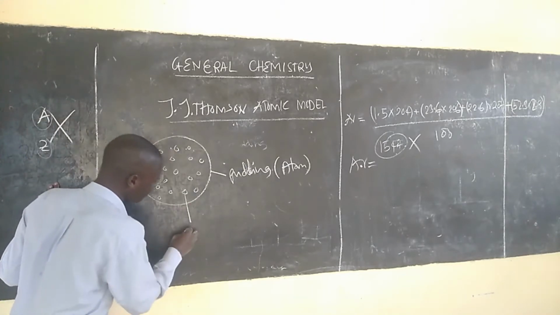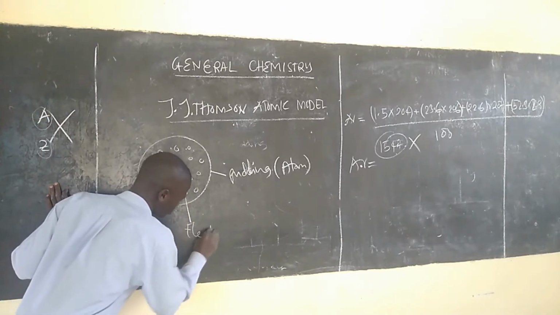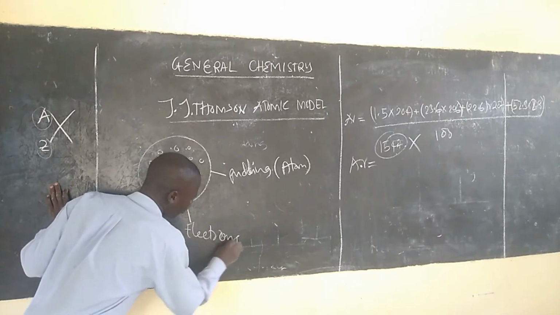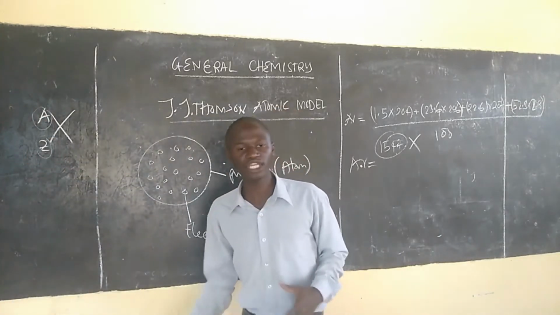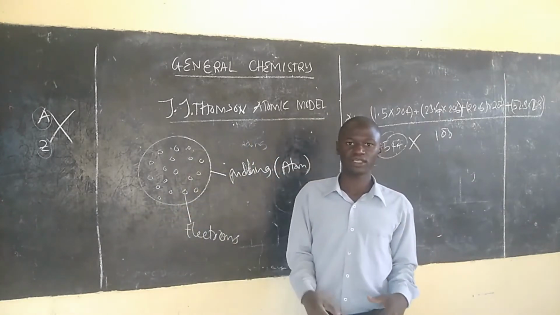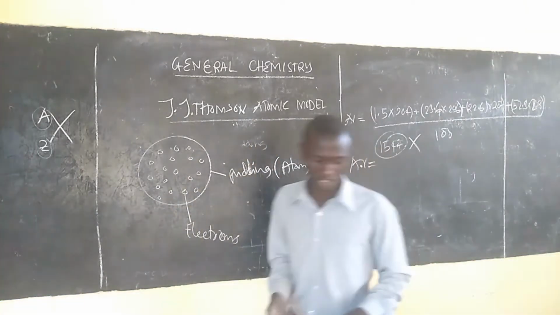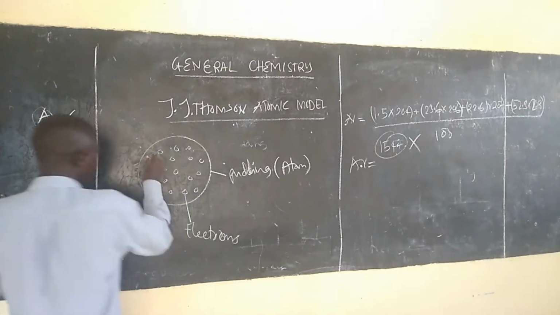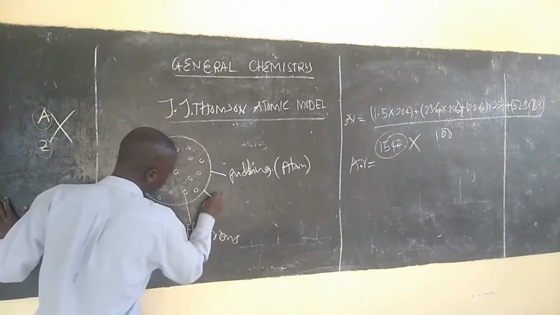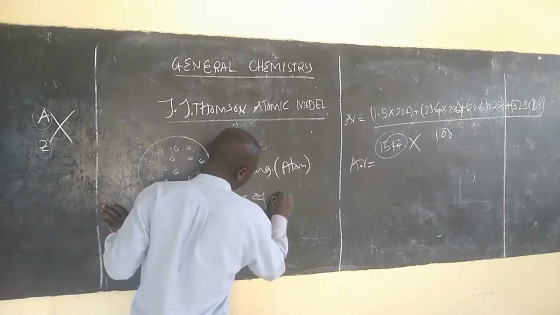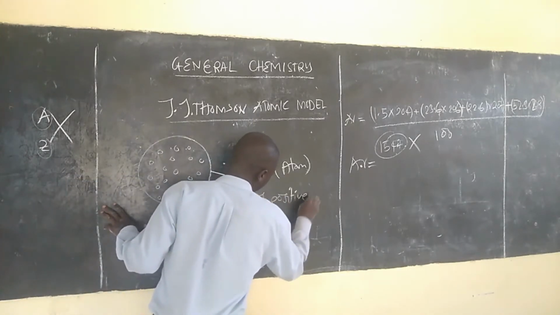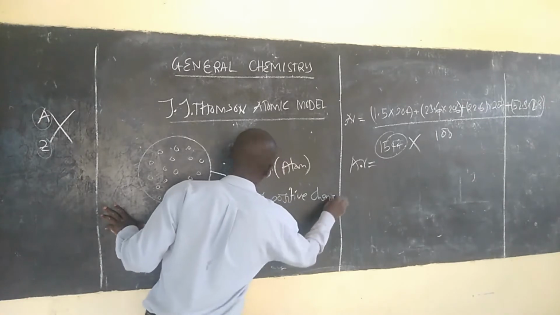So electrons they are embedded, these are the electrons. Kwa kulingana na J.J. Thomson, hivi ndivyo ambavyo atom inaonekana. Ni hivi kulingana na J.J. Thomson. So hii ni sphere, this is the sphere of positive charge.